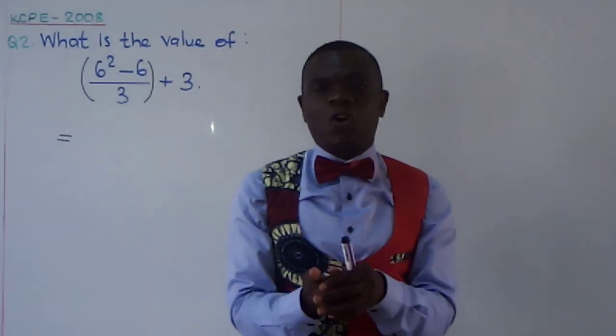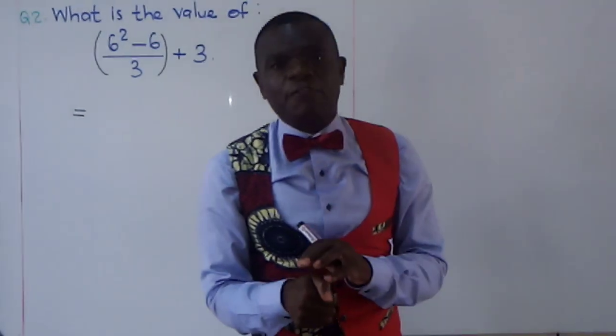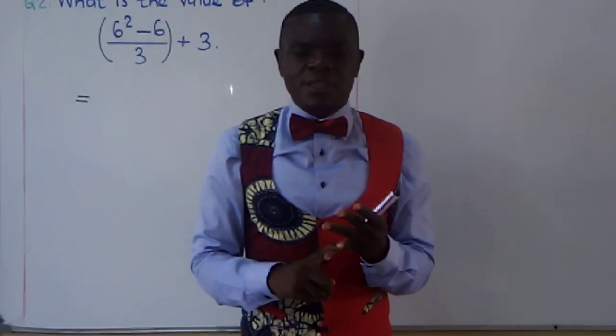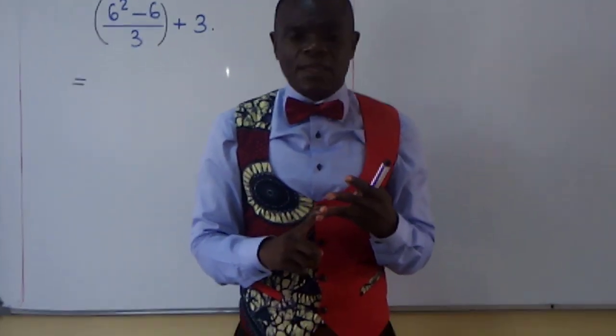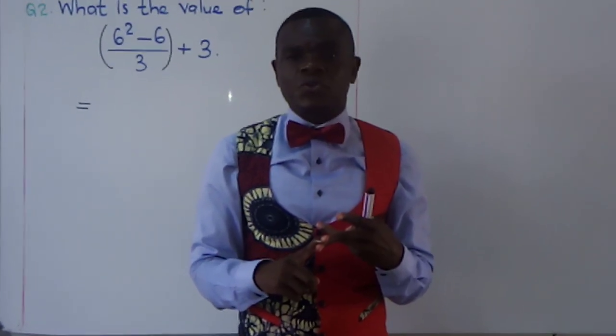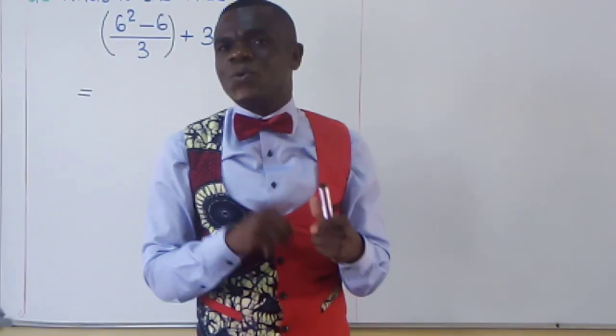The square of 4 is 16. The square of 5 is 25. The square of 6 is 36. The square of 7 is 49. The square of 8 is 64. The square of 9 is 81. And the square of 10 is 100.